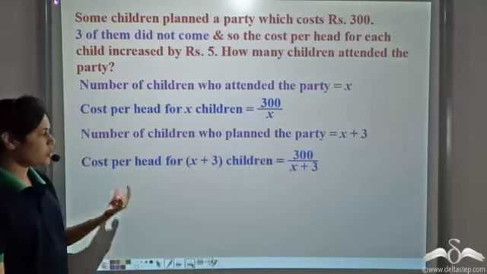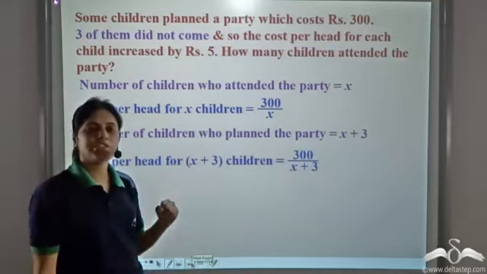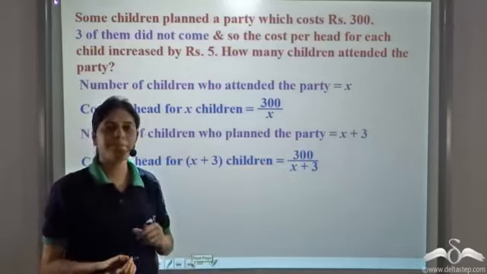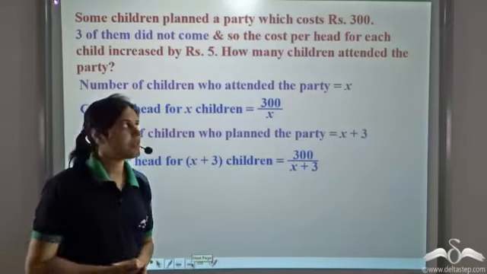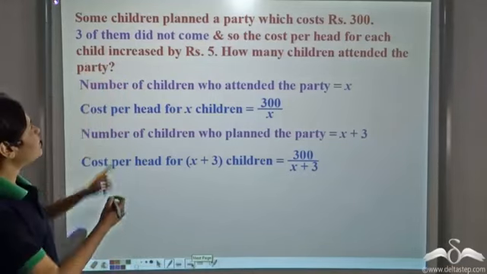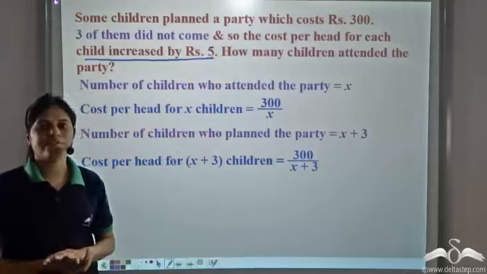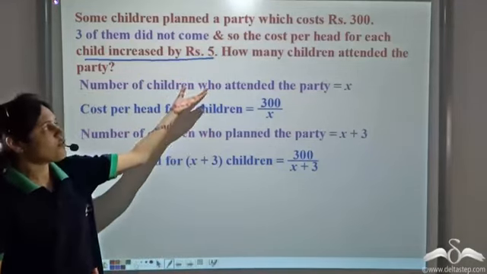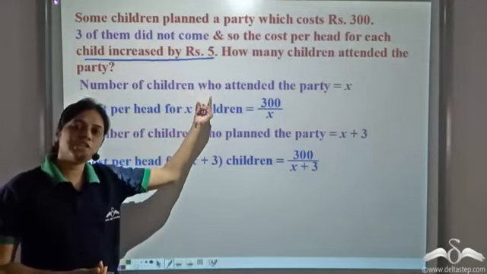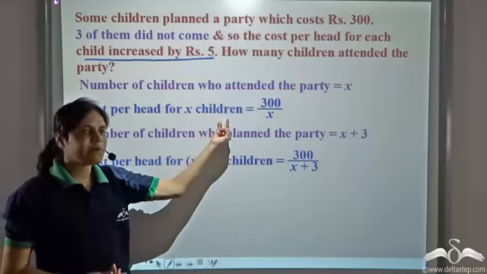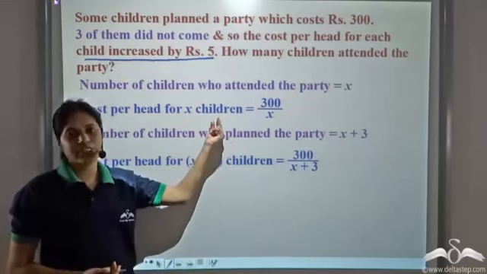So this is the cost per head for x plus 3 children, 300 divided by x plus 3. And it is given that it increased by rupees 5. So for x children who actually attended the party, cost per head increased by rupees 5.